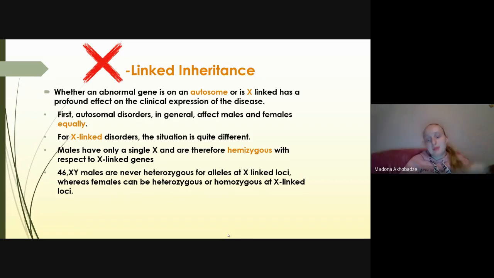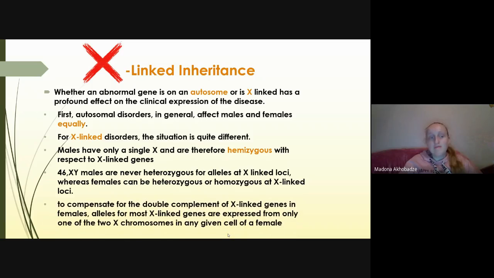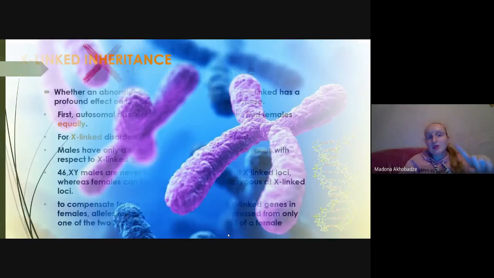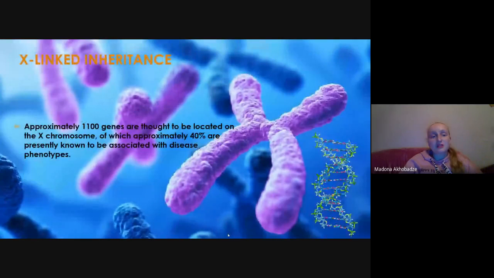It becomes a Barr body, the darker spot in the nucleus, which only female cells have. It compensates for the double complement of X-linked genes in the females, so most X-linked genes are expressed from only one out of the two chromosomes of a given cell of the female. That's called random X inactivation.